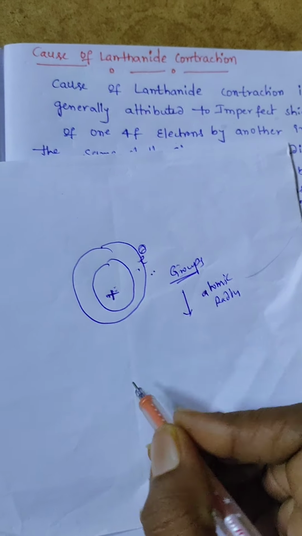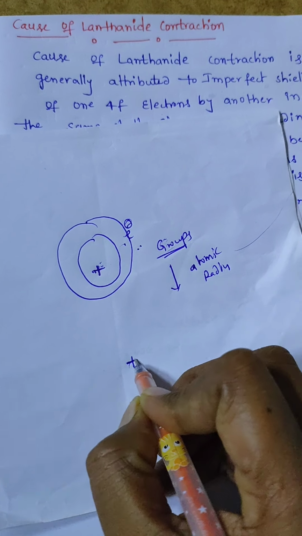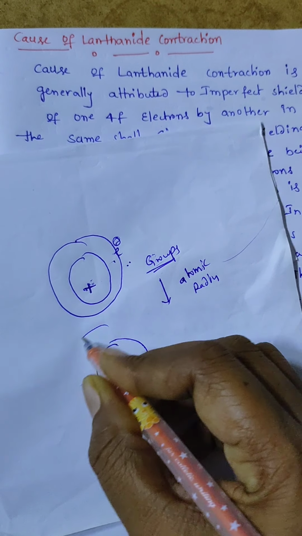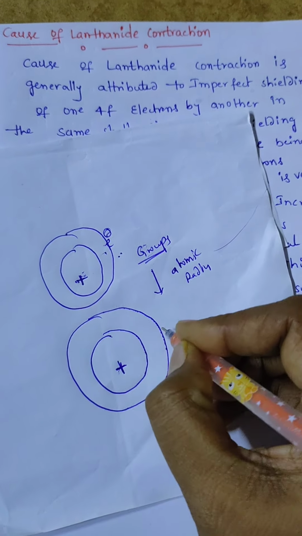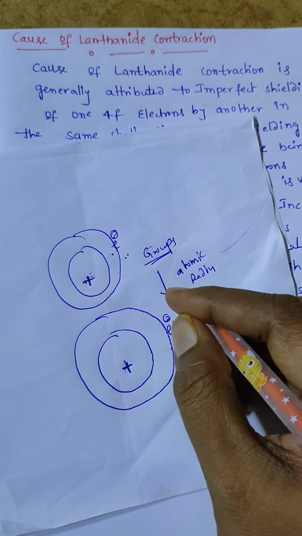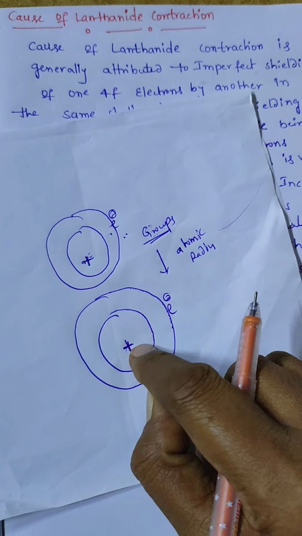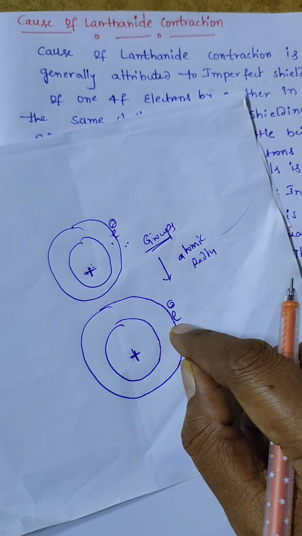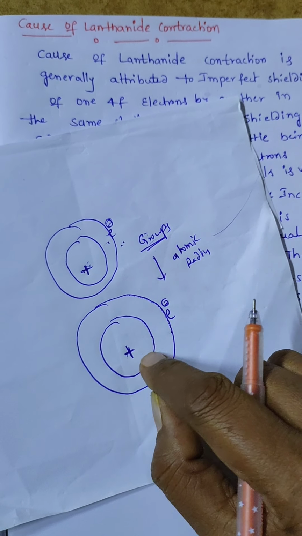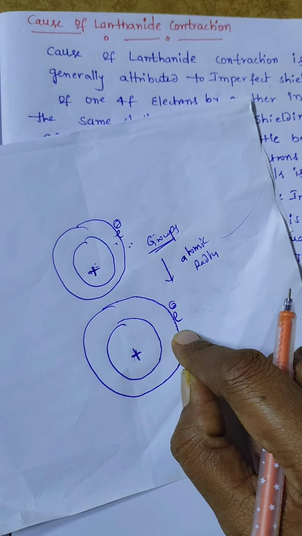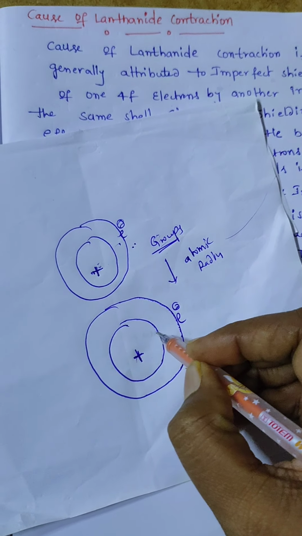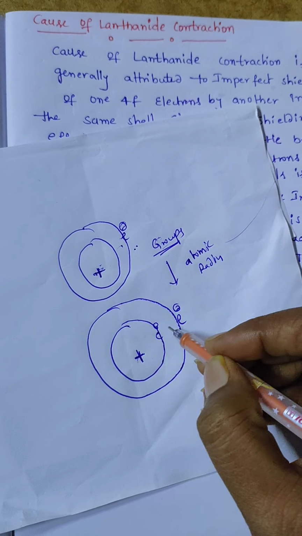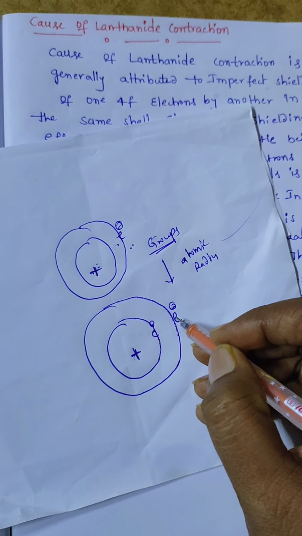See here, this is the nucleus and these are electrons. The nucleus attracts the electrons, the attractive force between the nucleus and electron. But the inner electrons repel the outer electrons.